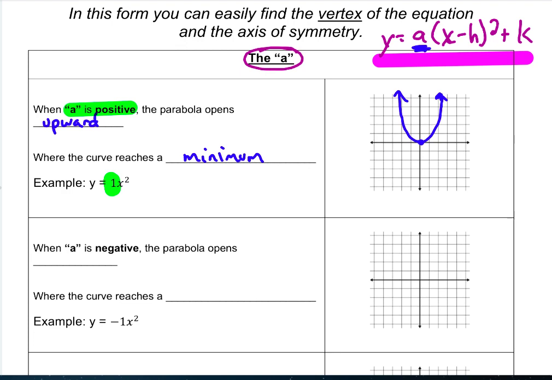Next, when your a value is negative, like my negative 1, this is going to open downward. It might look just like the one up top, but headed in the opposite direction. Here, the curve reaches a maximum, a highest point before it turns back around.